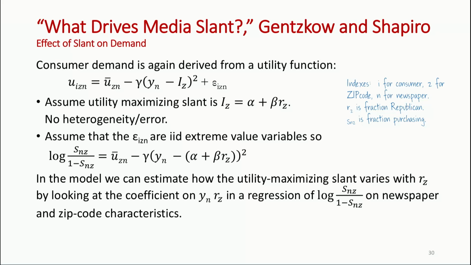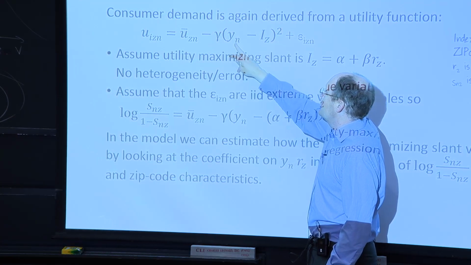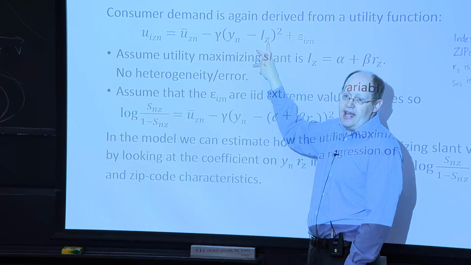Consumer demand, again, is going to be derived from the utility function. We assume that the utility that consumer I in zip code Z gets from buying newspaper N is some function of the average quality of the newspaper minus the disutility that the consumer has from consuming something that's different from the ideal slant.